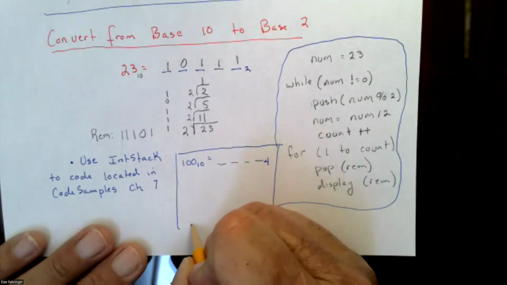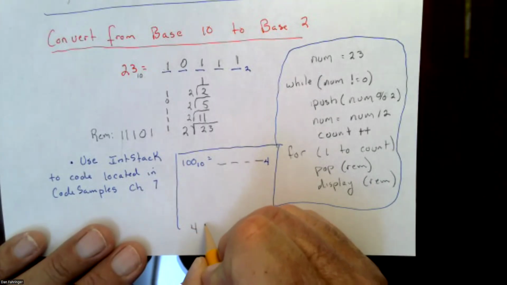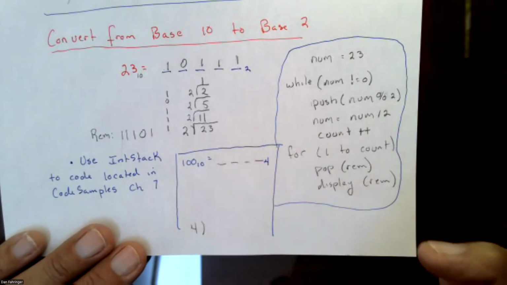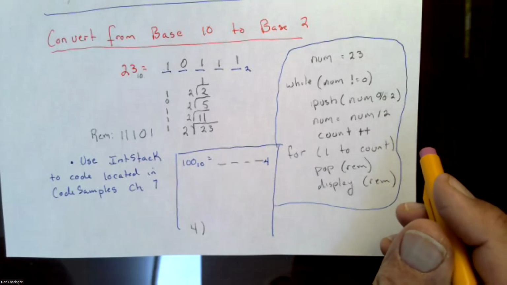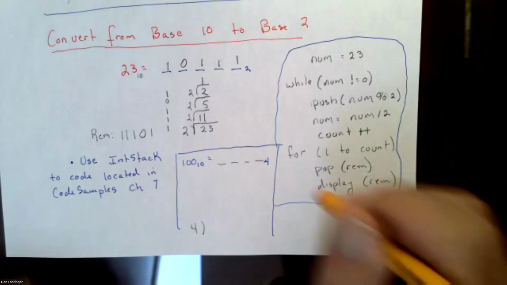Well, let's see. 4 goes into 100. Well, that really stinks, doesn't it? Let's not use 100. That's a bad example. Huh. How about base 8?